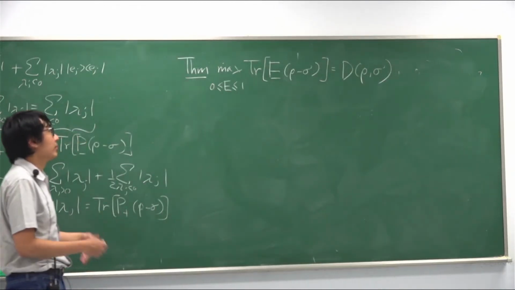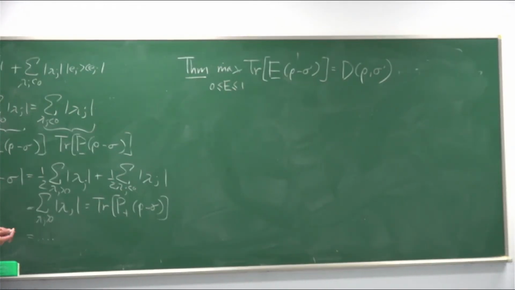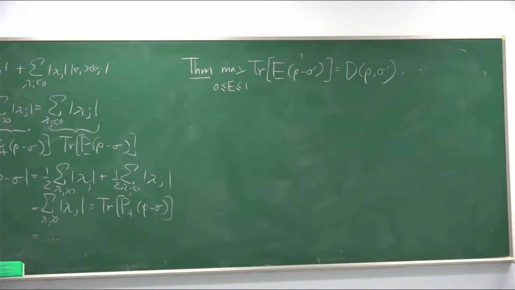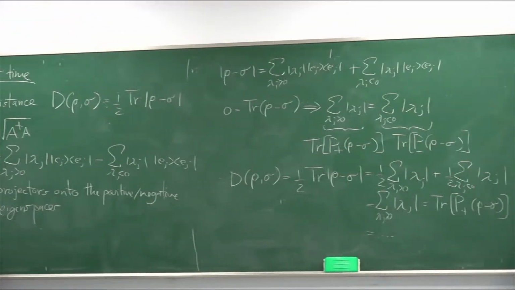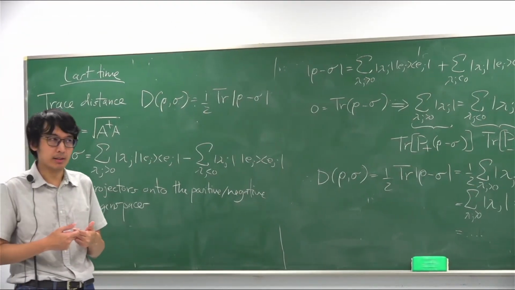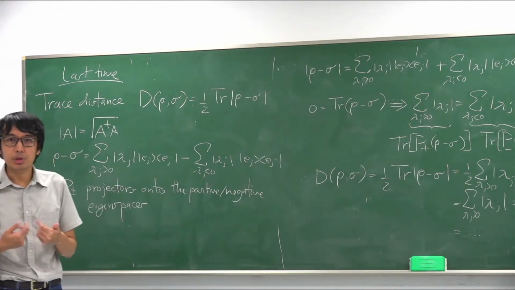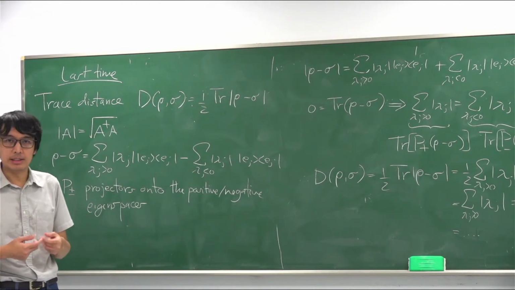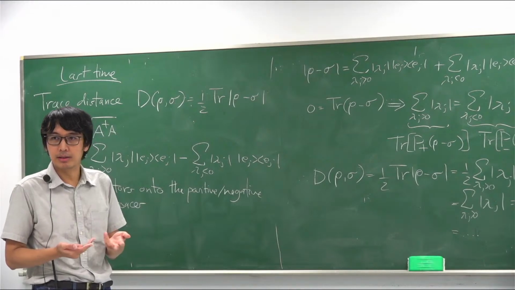You can imagine that the POVM element E is something that you measure, and then you get different probabilities from rho and sigma. And this is something that you can use to gather statistics to distinguish between rho and sigma.